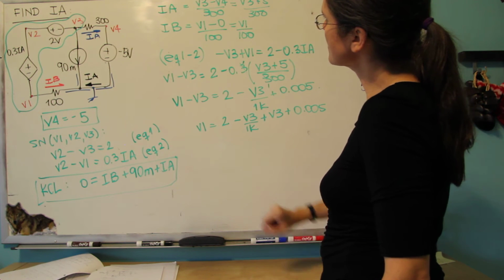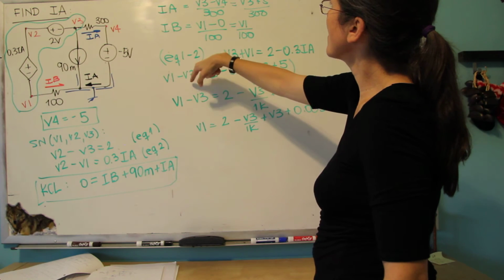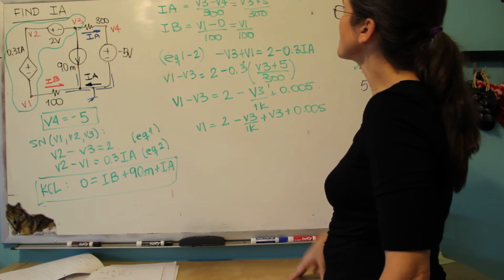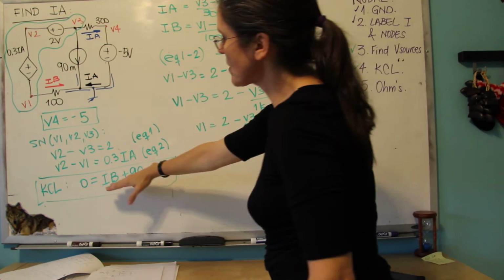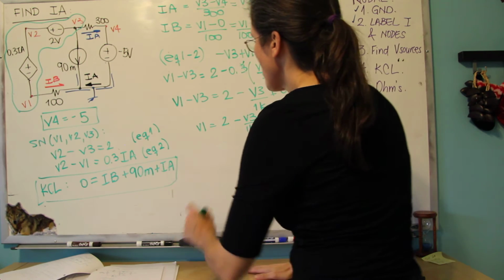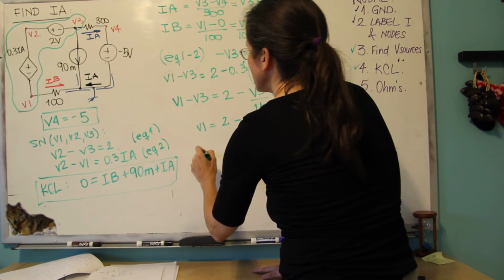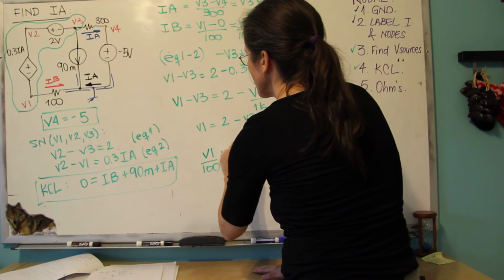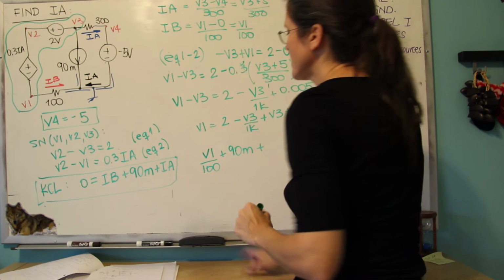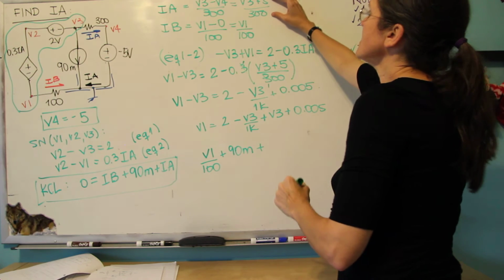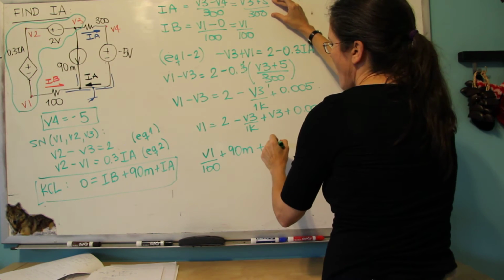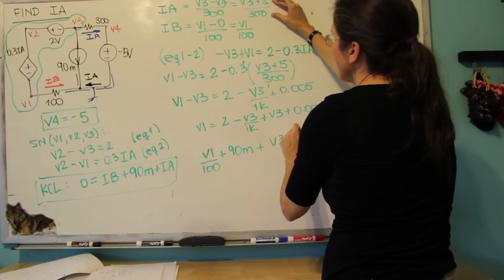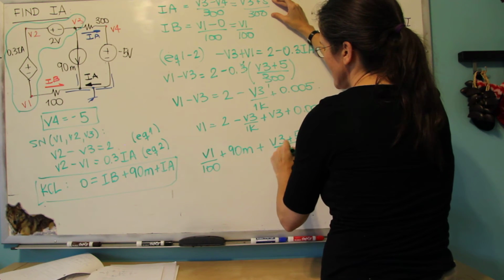And the reason I want that is that I'm going to put, maybe I want V3 as a function of V1. The reason I want that is that I want to write this as V1 over 100 plus 90 milliamps plus IA is V3 plus 5 divided by 300.